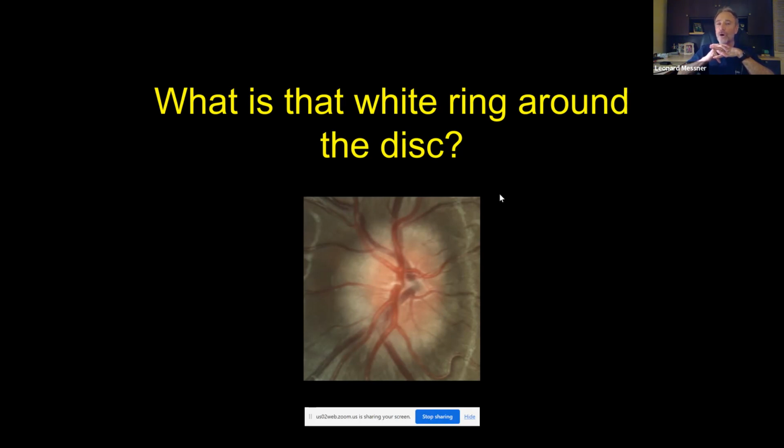We're all born, unless we have disc hypoplasia, with roughly 1 million or 1.2 million axons. If that opening in the back of the eye is small, it's like the old adage of trying to fit 10 pounds of stuff into a 5-pound bag.